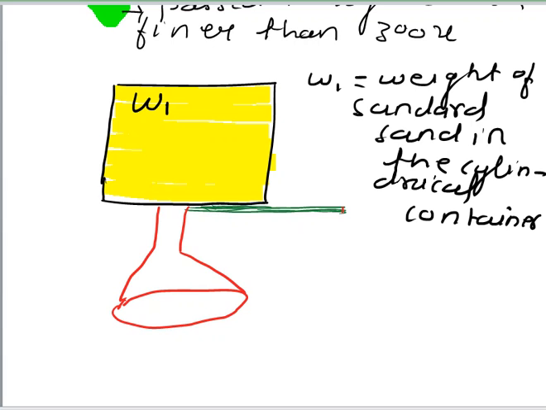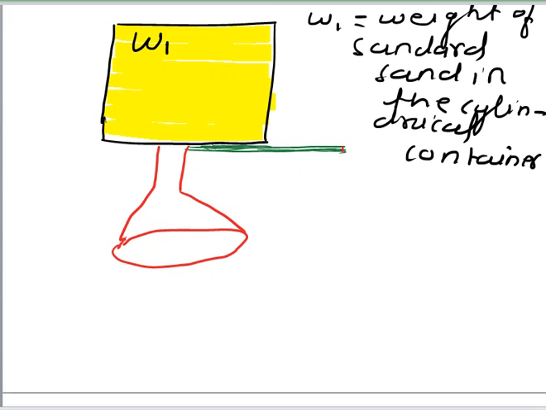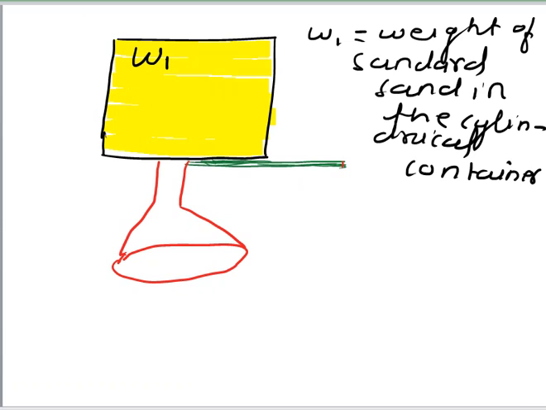This is W1. Now after having this weight, we remove this shutter, we open this shutter such that the sand from this cylindrical container fills the conical pouring cone, the conical pouring space. This is the sand filled here.